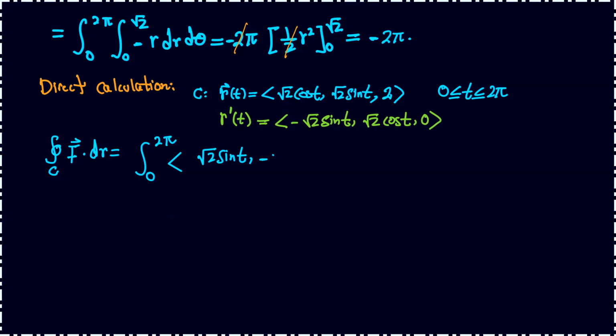Here z is 2. And the last element of the vector field was just 6. We're going to dot this with dr. Remember, dr is just r prime dt.